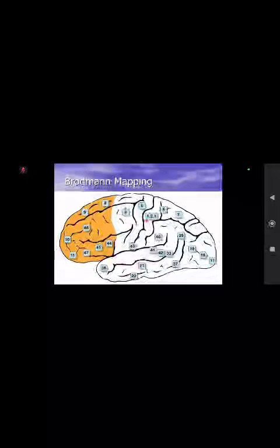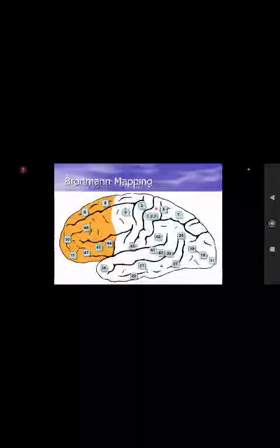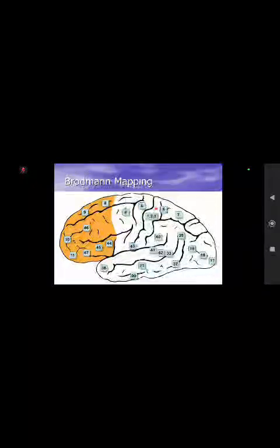Of these parts, the sensory part is the primary sensory in the postcentral gyrus. So the postcentral gyrus is primary sensory. The precentral gyrus, which is number 4, is the primary motor area.